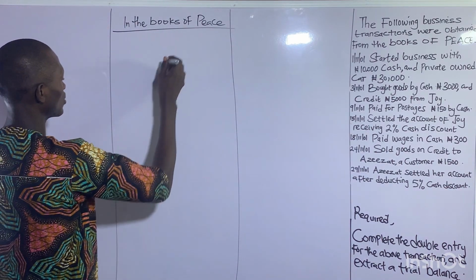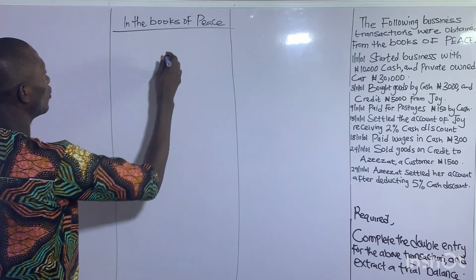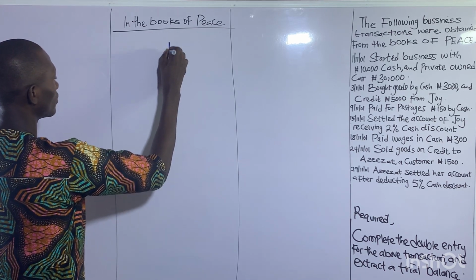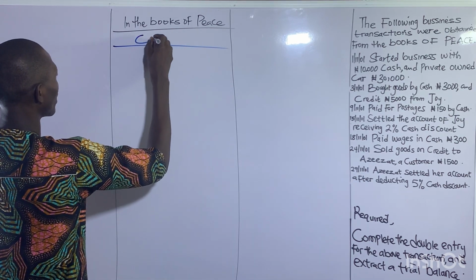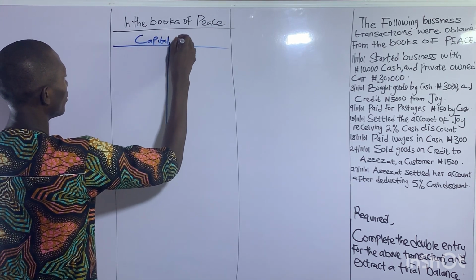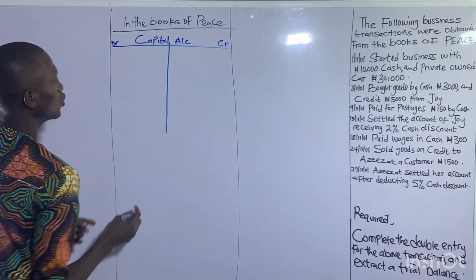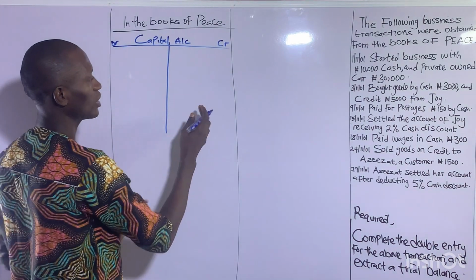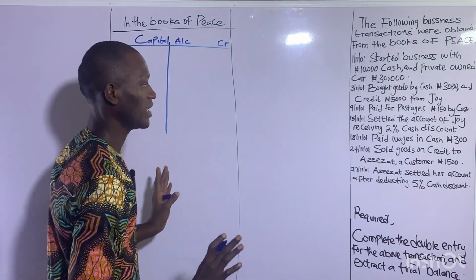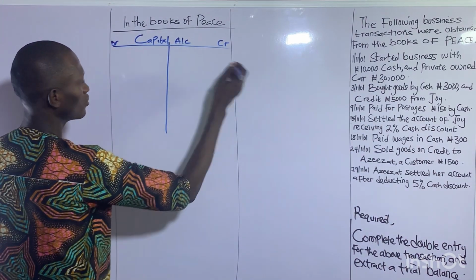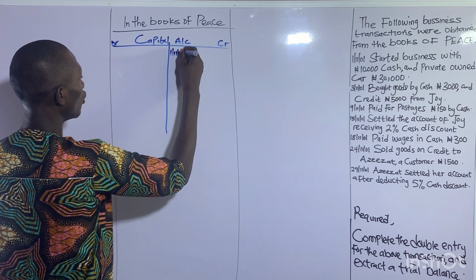So we have the capital account. We have the credits, we have the debits. We are going to credit the capital account. Then the corresponding debit entry will go to cash as well as car account. Very simple. The date of the transaction is 1/11/01.